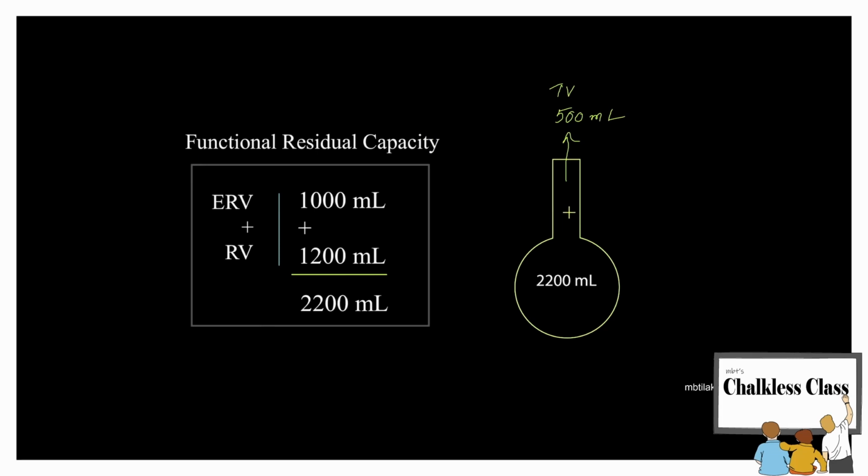After normal expiration, the left out air in the lungs is called functional residual capacity. It includes expiratory reserve volume plus residual volume. You know that residual volume is 1200 and expiratory reserve volume is 1000. So the functional residual capacity is 2200 ml.